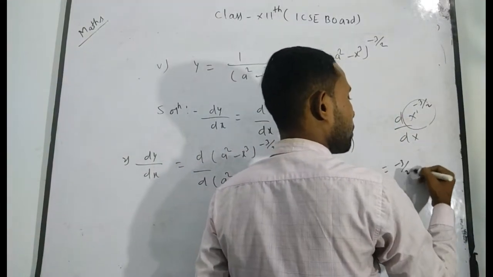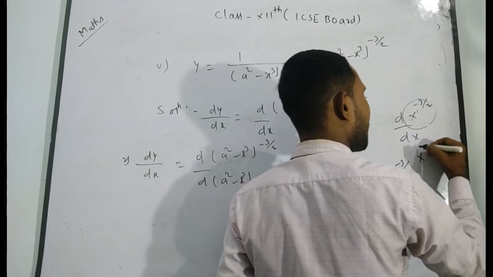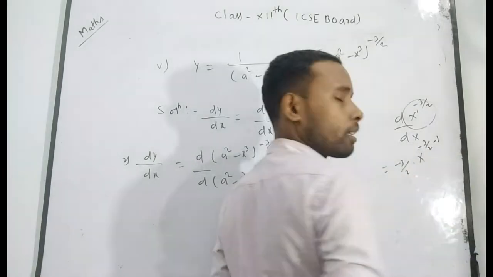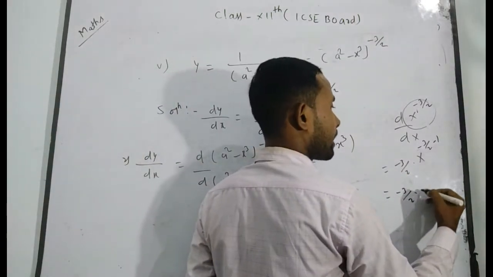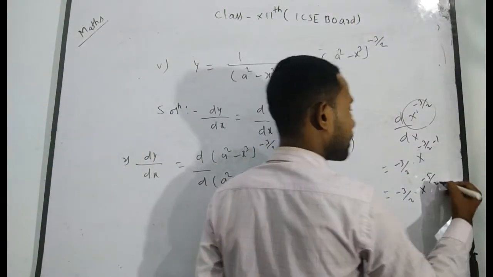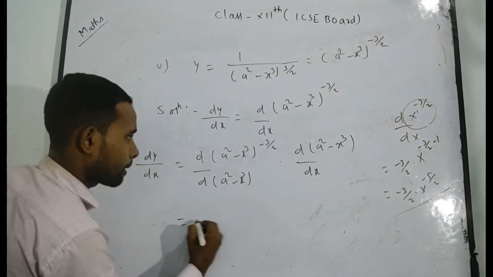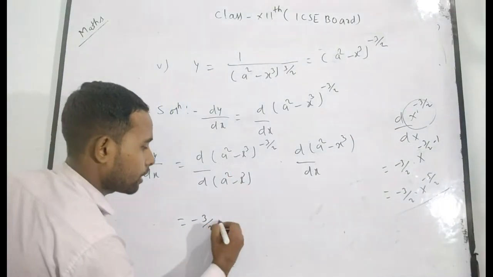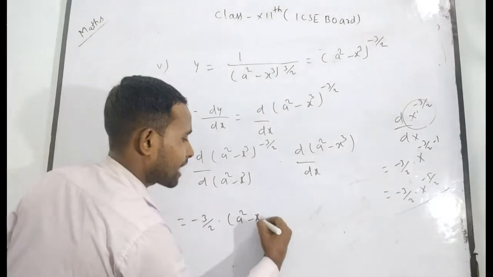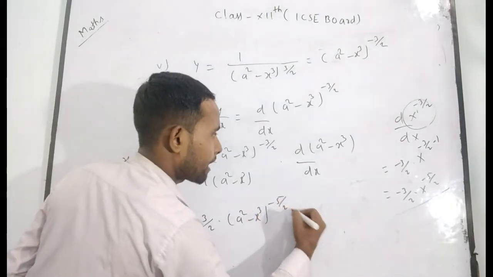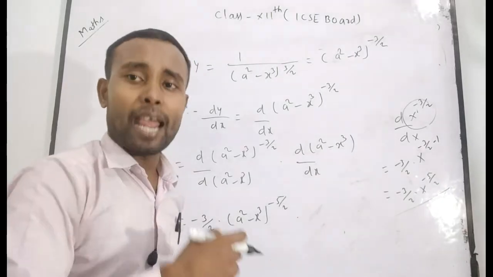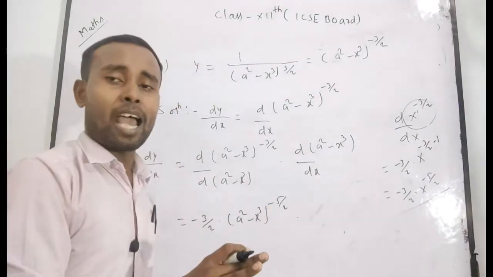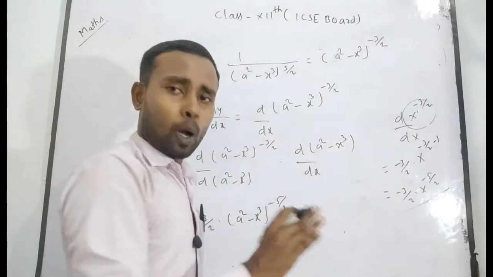According to the formula, this will be minus 3 by 2 into x to the power minus 3 by 2 minus 1. Simply I have used the formula. Thereafter it will be minus 3 by 2 into x to the power minus 5 by 2. So it will be minus 3 by 2 into a square minus x to the power 3 whole to the power minus 5 by 2 into, as I have already told you, except x and y all terms are constant.